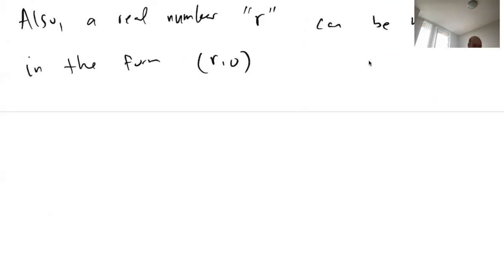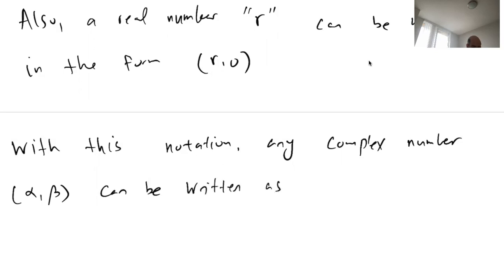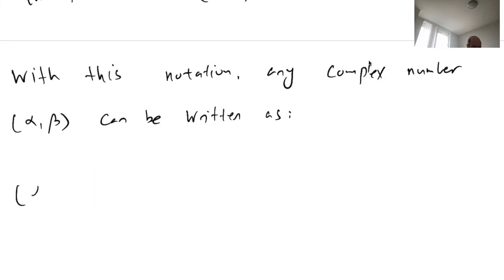So with this notation, any complex number, remember, complex numbers are any pairs of the form alpha and beta, can be written as alpha and 0 plus 0 and beta.